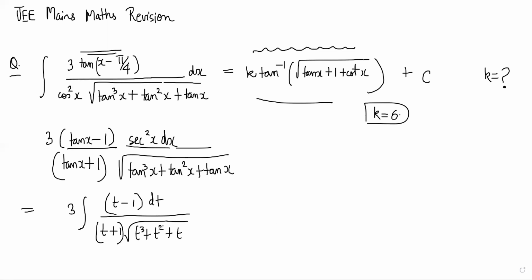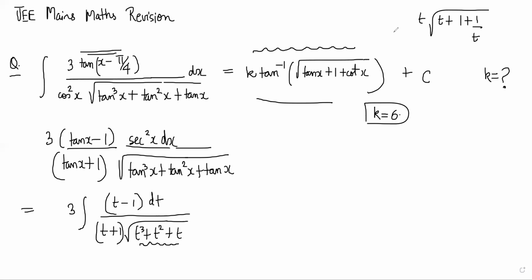Okay. Now this part we have to think about. So if I divide it by t square, what will happen? If I divide by t square, I have to multiply a t here, right? So what I'm saying is t outside, and inside would be t plus 1 by t.